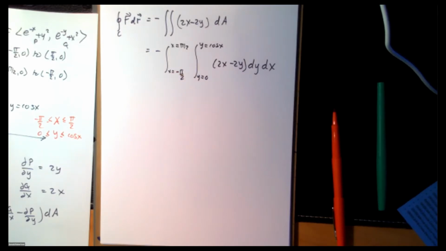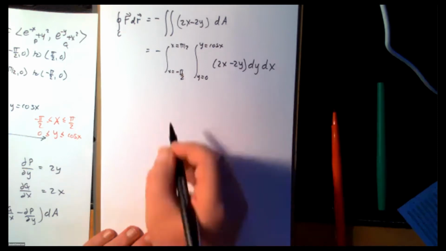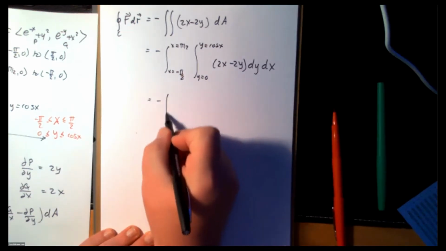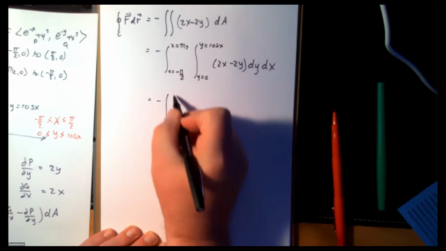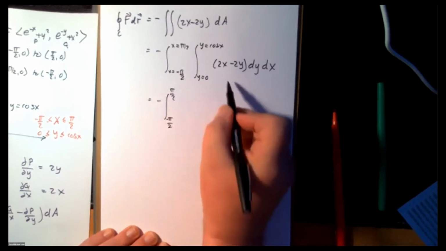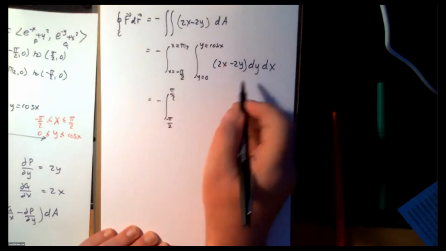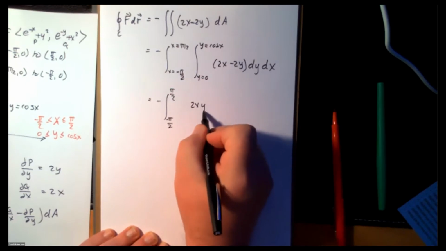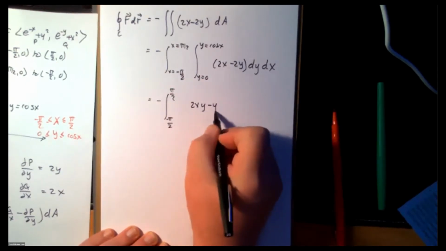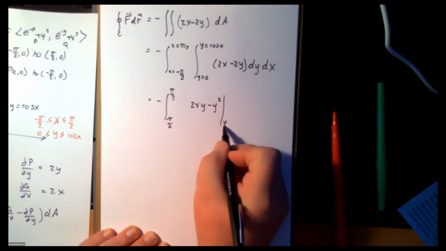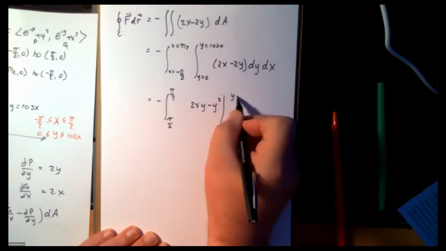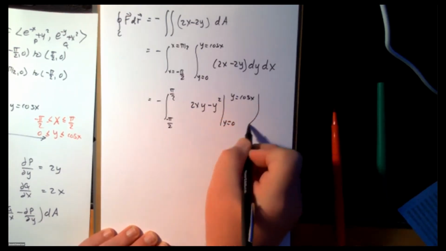In fact, I think the vast majority of questions end up being dy by dx, don't they? The y's are the first integral and the x's are the second. So this is negative this fella to here. If you integrate this with respect to y, you get 2xy, take away y squared, evaluated at these boundary points.